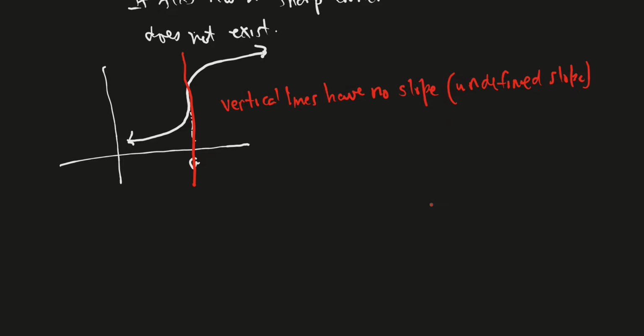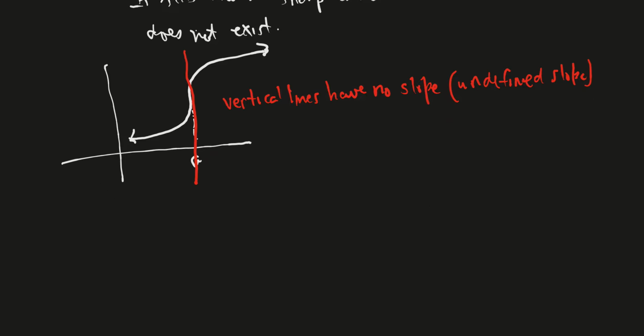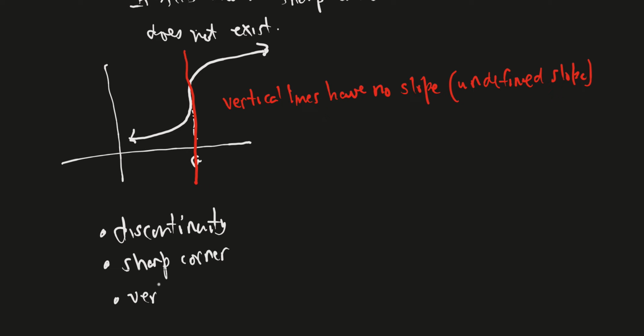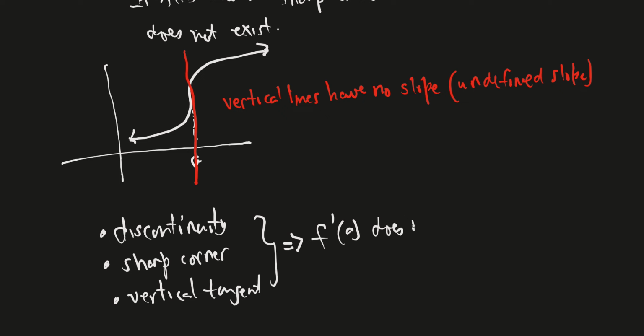So again, let's just summarize that. Any kind of discontinuity, any kind of sharp corner, and any kind of vertical tangent line, all these imply f prime of a does not exist.